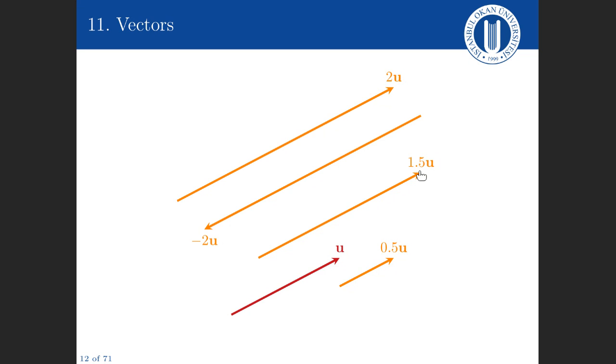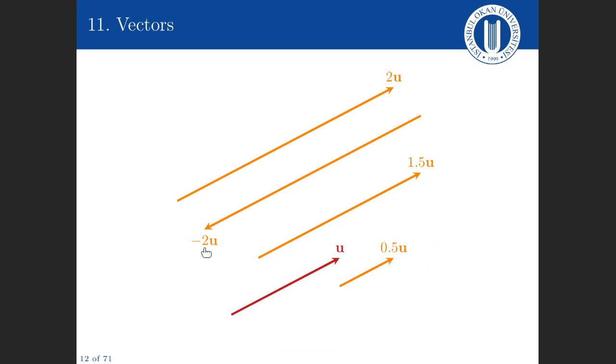Or I might look at 1.5 multiplied by u, or 0.5 multiplied by u. These two vectors, u and 0.5u, point in the same direction. The length of 0.5u is half that of the length of u.